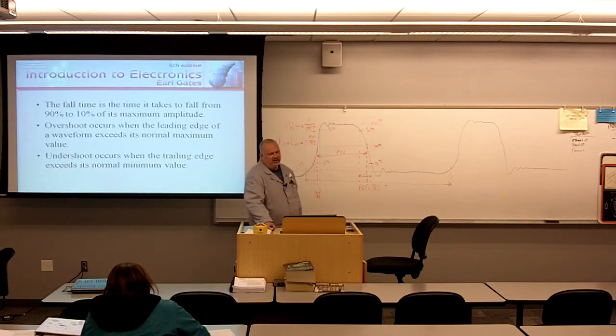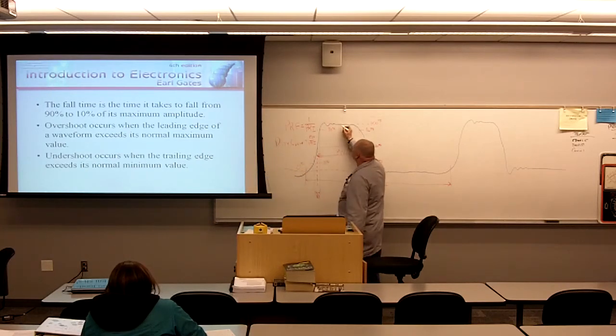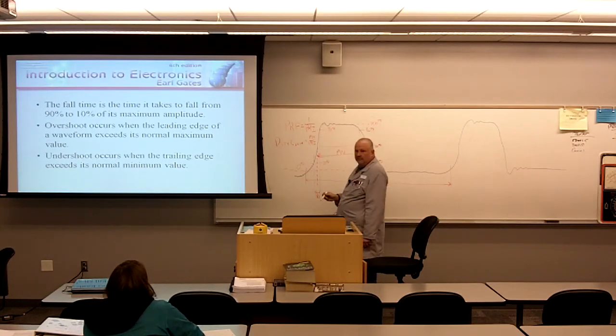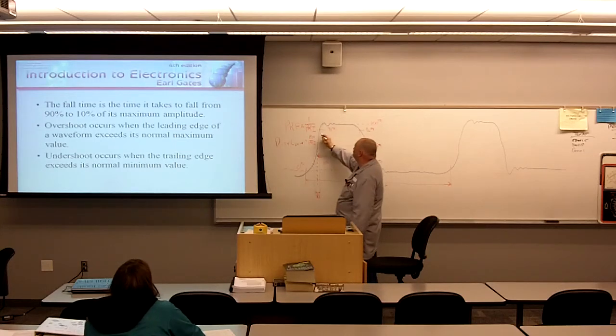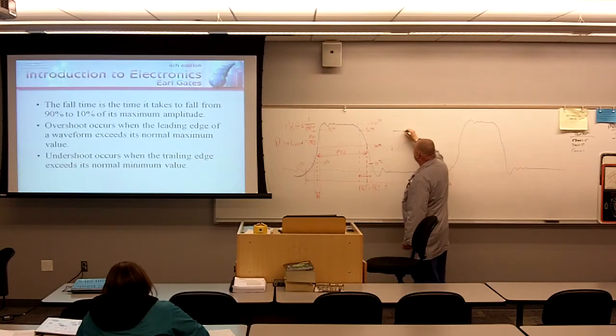Some of the other things we're looking at here: overshoot occurs when the leading edge of a waveform exceeds its normal maximum value. You see how this is like my 0 reference line right here? This right here is going to be overshoot. It should have just gone right up. Ideally, we wanted this waveform to look like that.